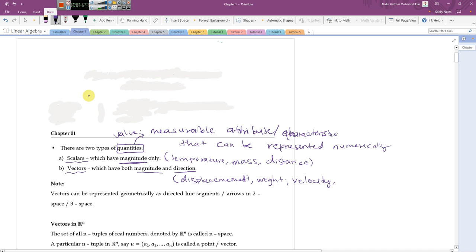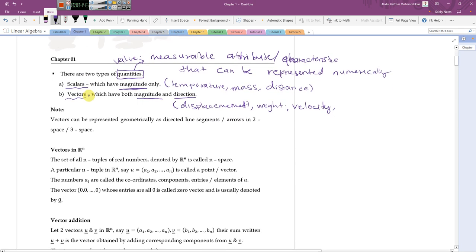Now there is a note. Vectors can be represented geometrically as directed line segments, arrows in 2 space or 3 space. So we are going to be discussing vectors, which are represented in vector space.